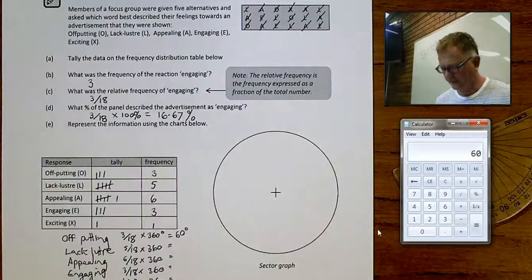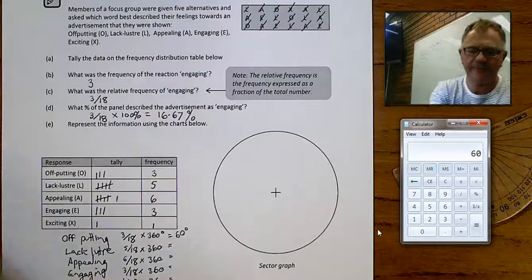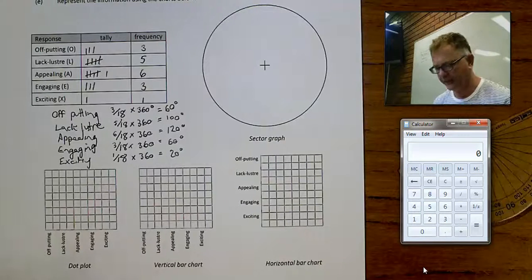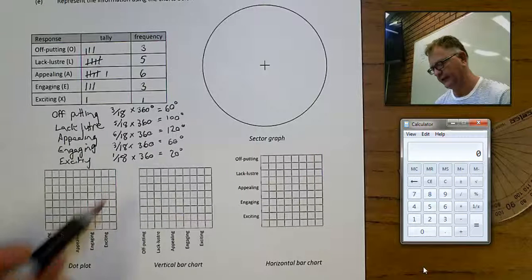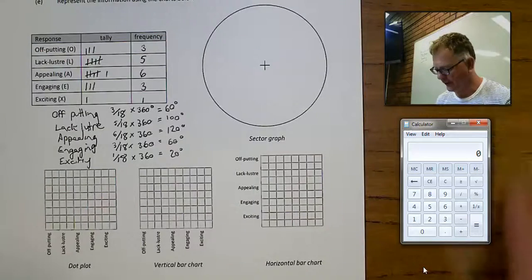Okay, now I'm going to do the calculations. You might like to do them yourself, and we'll come back and draw the graph in a second. Just pause the tape. Once you've done your calculations, it's always a good idea to check that they all add up to 360 degrees. They do. And so now we can draw our graph.